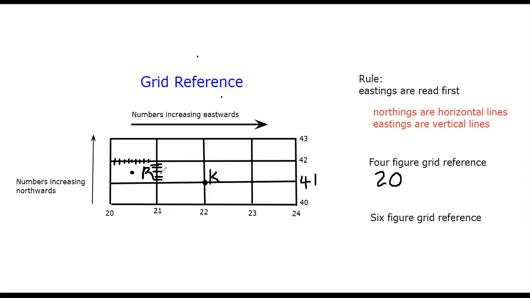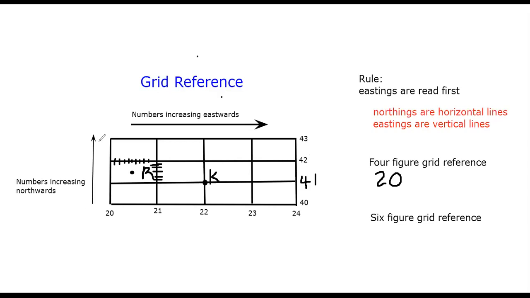Good. Now, if you notice, the line that is directly behind it would be the correct reference to use. It hasn't yet reached 42. 42 is still up there. It's just past 41. So you would not use 42 because it's not at 42 yet.